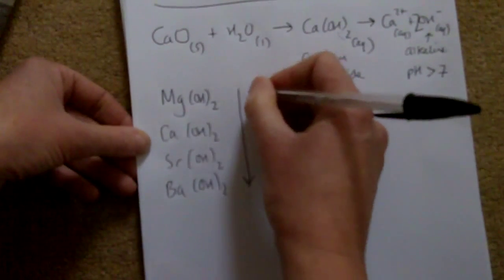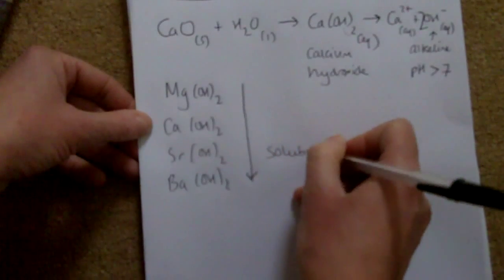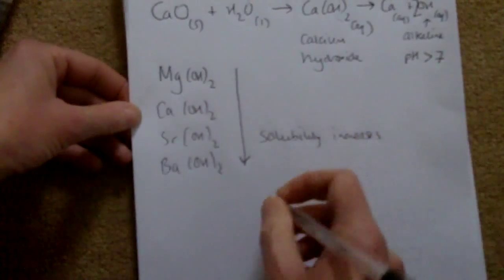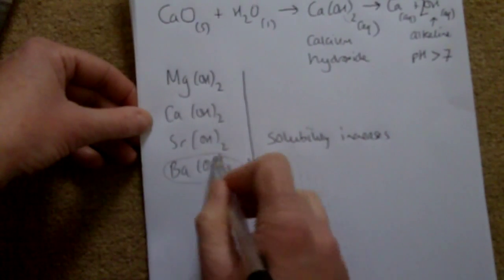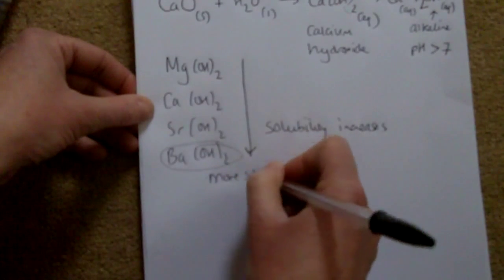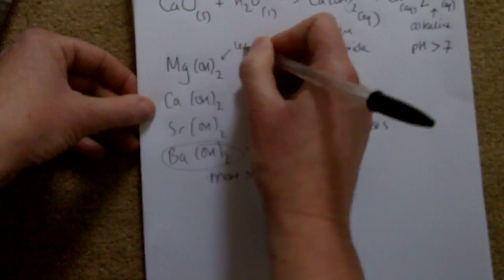Okay, as you go down the metal hydroxides, solubility increases. So that means this barium hydroxide is more soluble in water than magnesium hydroxide, which is the least soluble.